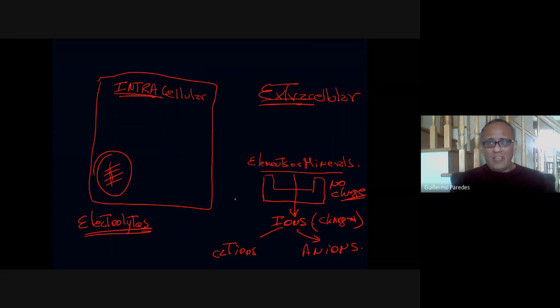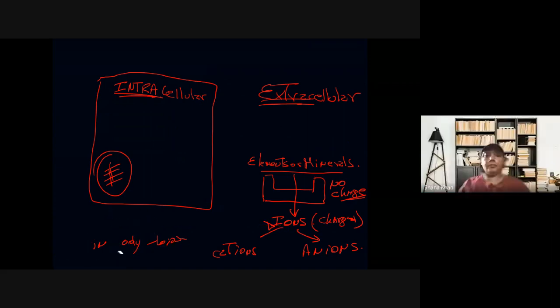Don't get confused, it's very simple. Electrolytes are ions, but they are called electrolytes when these ions are in body fluids. Ions have electrical charge, cations and anions, but when they are in body fluids, they are called electrolytes. Is that clear?